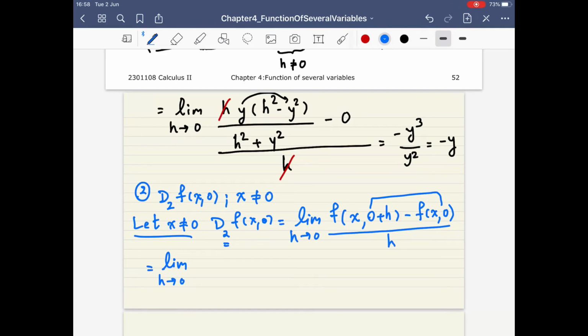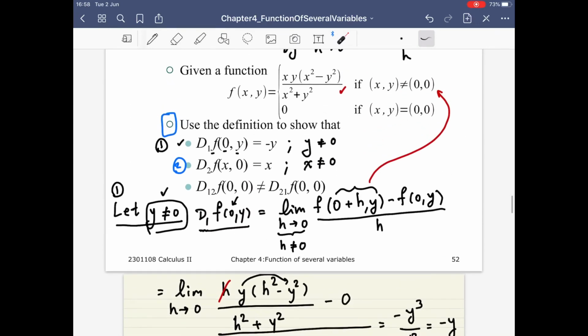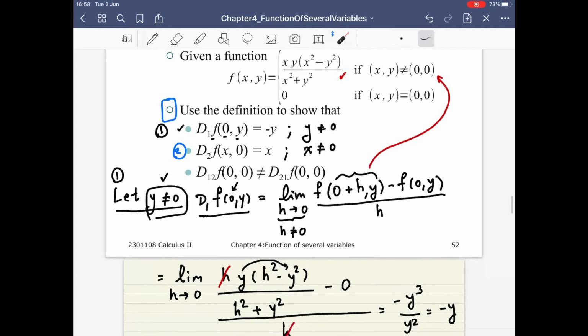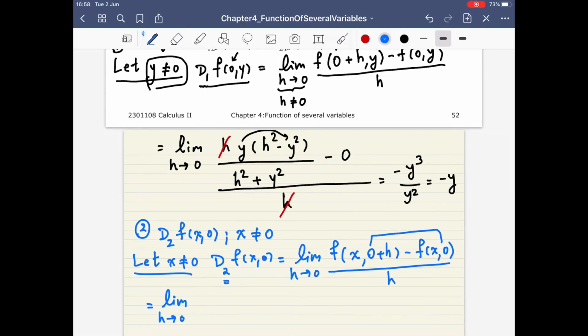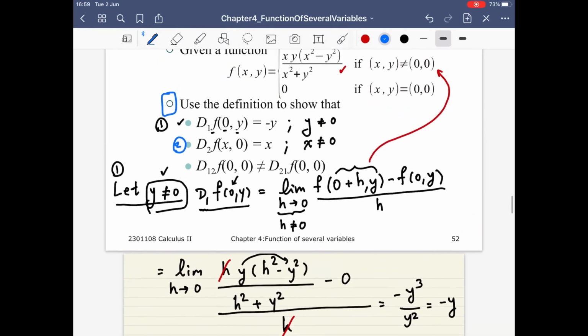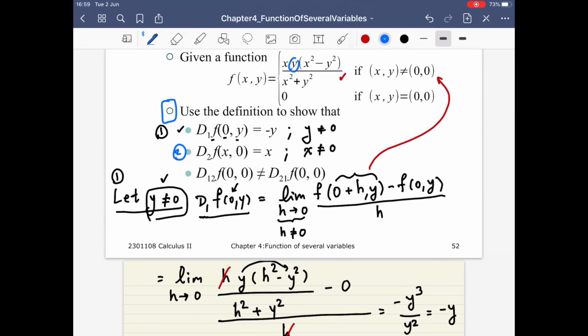Now, which formula of the function are you going to use? Okay, again, this one, because you end up with x and h, and your x is not 0 at the beginning. You're finding the limit as your h goes to 0, so h is not 0 as well. So we are going to use this formula of the f again. Okay, so it is the arbitrary x, but your y right now is the h.